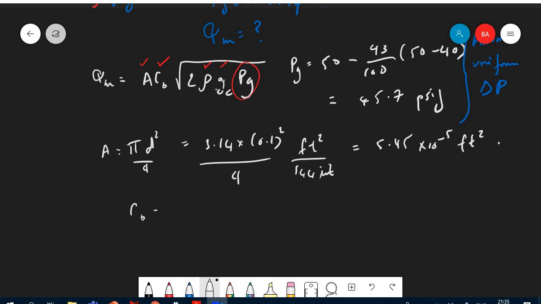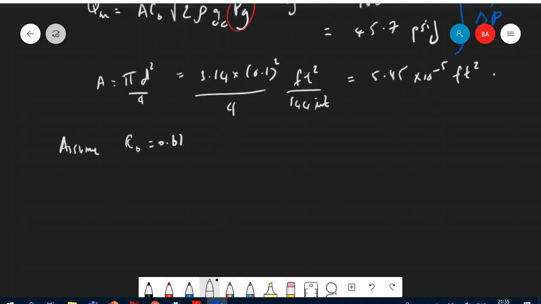Of course C naught is equal to 0.61, assuming this again because it's sharp edged. For rho, I multiply 0.8794 by 62.4 pound per feet cube, and the answer will be 54.9 pound mass per feet cube.